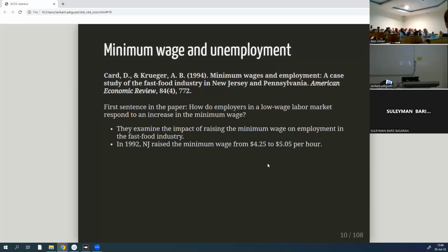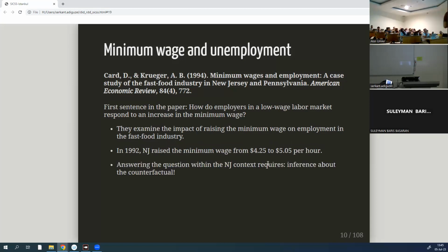What happened is in 1992, New Jersey raised the minimum wage from $4.25 to $5.05 per hour. In order to answer what the impact of the minimum wage increase on employment is, we need to have this counterfactual New Jersey, right, in this parallel universe where this minimum wage increase didn't happen.